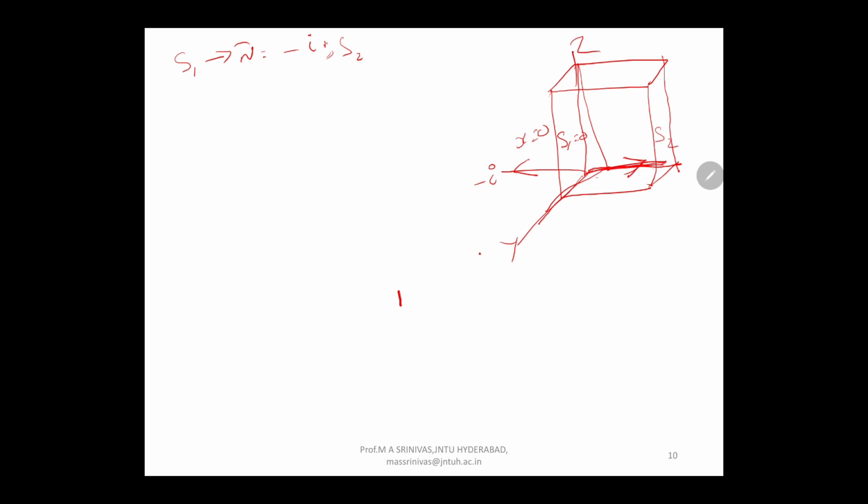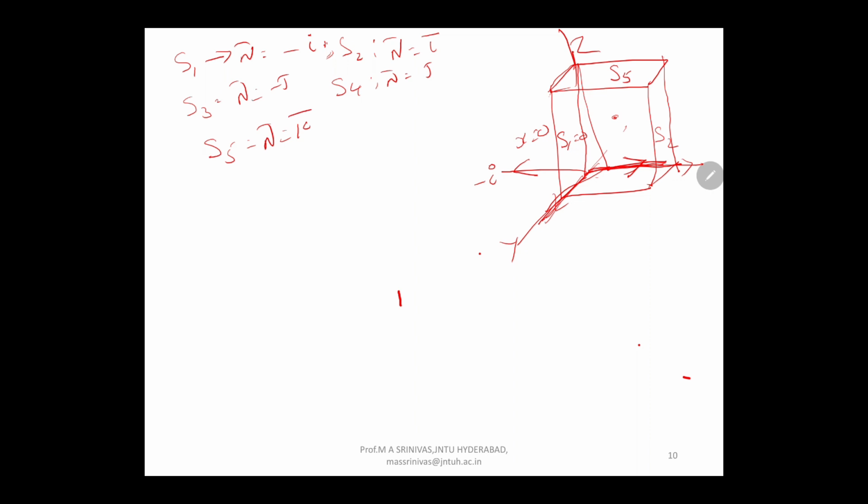S3 is this board, so this is inside, the outside normal vector for S3, n bar, is minus j bar. For S4, n bar is j bar in this direction. And for S5, this is my surface S5, the outward normal vector n bar is k bar.